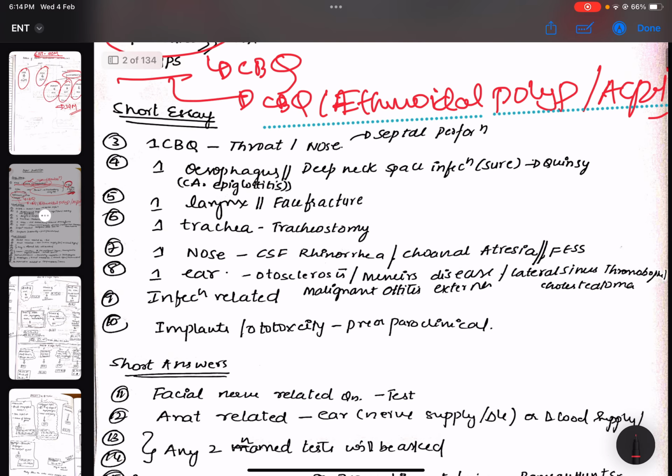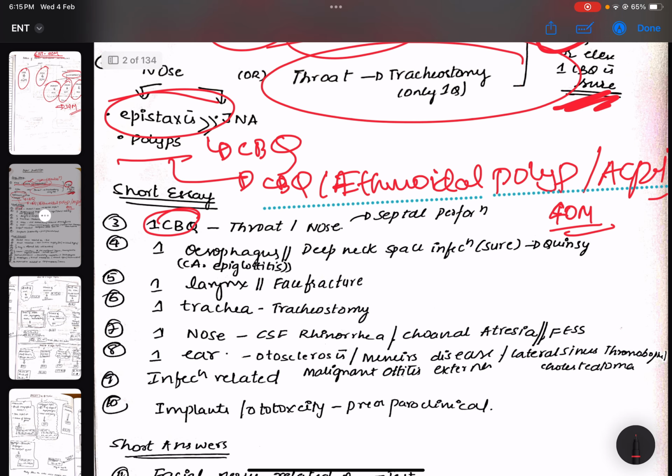Then coming to short essay, where you can get almost 40 marks, one CBQ will be there. That depends on what was the second question of your 10 marker. Either you might get it from throat or you might get it from nose. So you should understand which one you are getting.